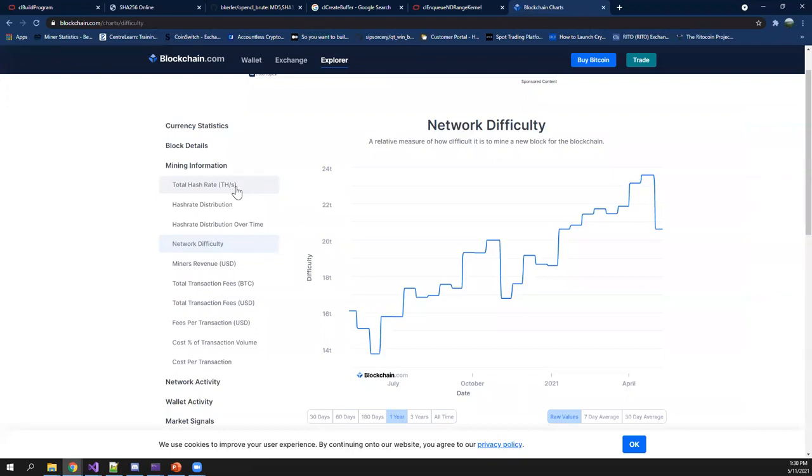Imagine rolling a dice once a second, or rolling a dice 1,000,000 times a second. That would be a mega hash. These guys roll the dice 1,000,000,000,000 times a second, and the overall network right now is at 22,000 billion hashes per second. That's how many the overall network is calculating.